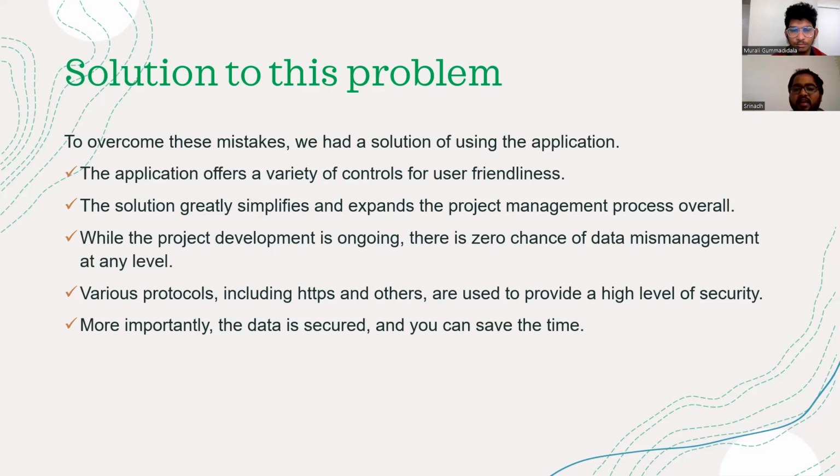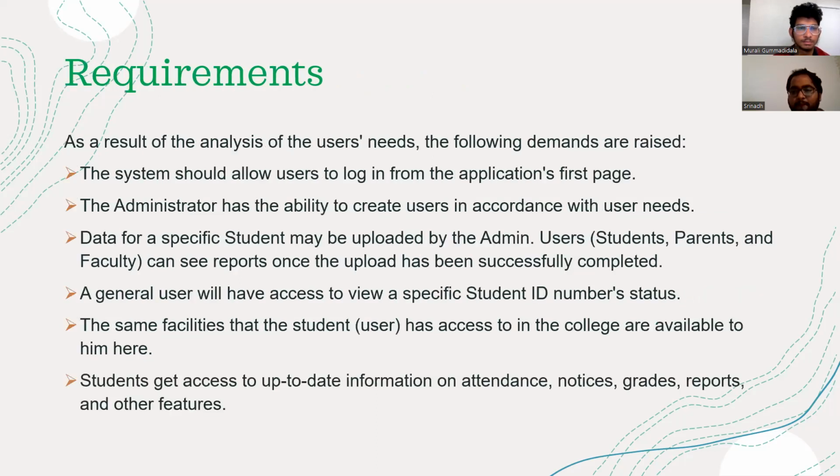Various protocols, including HTTPS and others, are used to provide a high level of security. More importantly, the data is secured, and you can change whatever is needed, and we also save time. That is it about the solution to this problem.